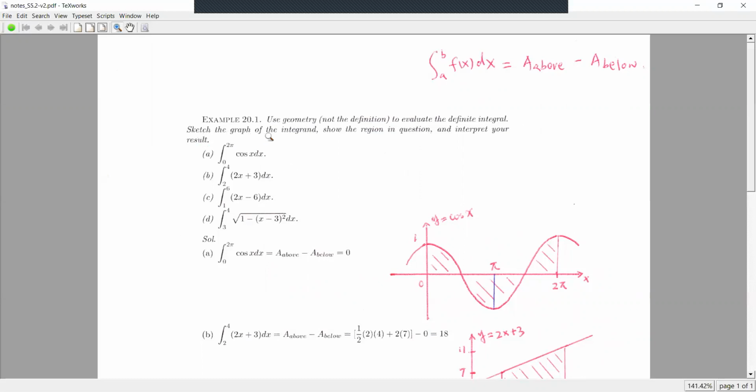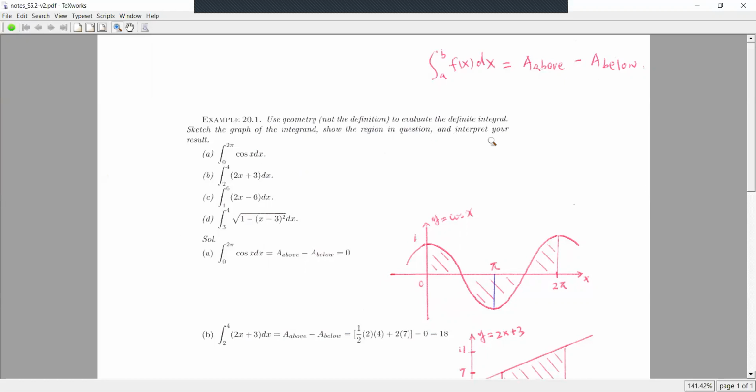Sketch the graph of the integrand. What is the integrand? The function f is called the integrand of the integral. Sketch the graph of the integrand. So the region in question is the region between the graph of the function and the x-axis and between a and b.